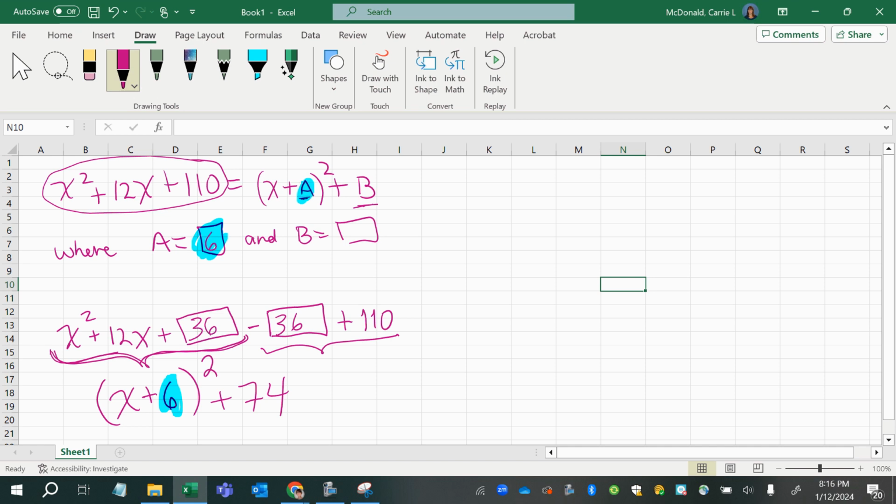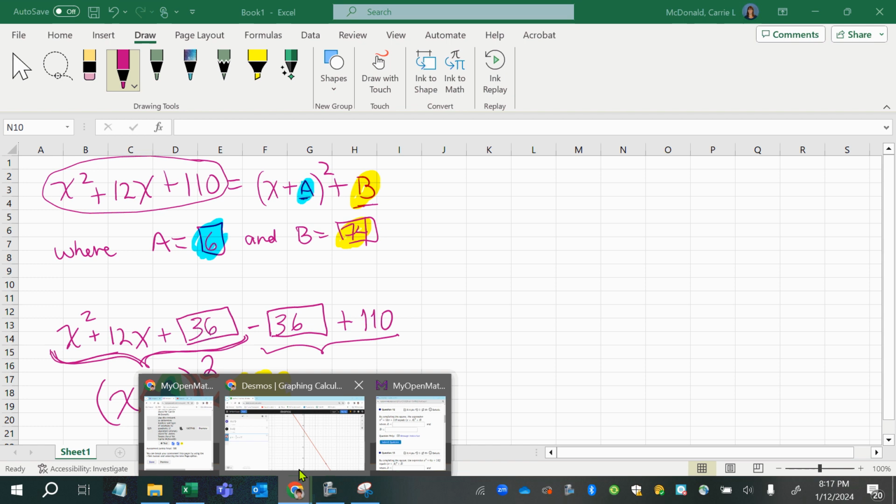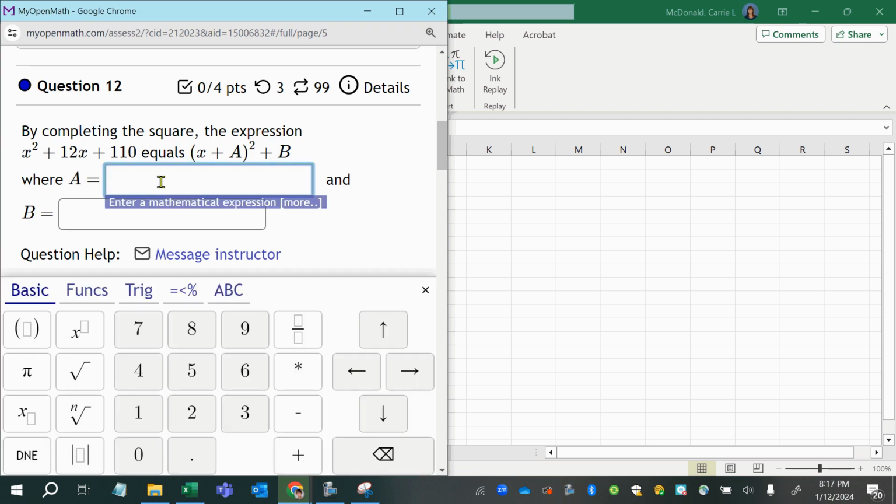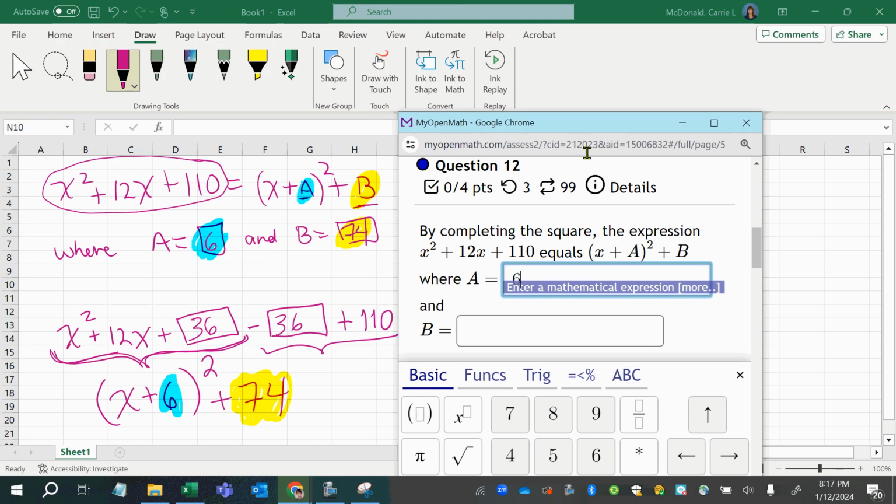And then for B, it's this guy right here, the 74 is in that position. So that would be our B. Okay, that's it. So 6 and 74.